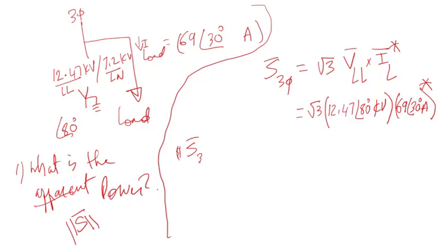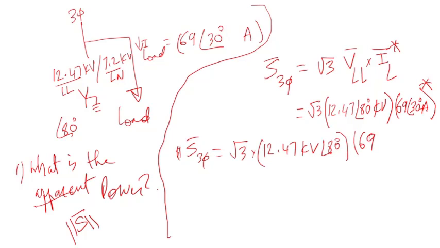So the complex power is equal to square root of 3 times 12.47 kV with an angle of 80 degrees, times 16.9 amps.